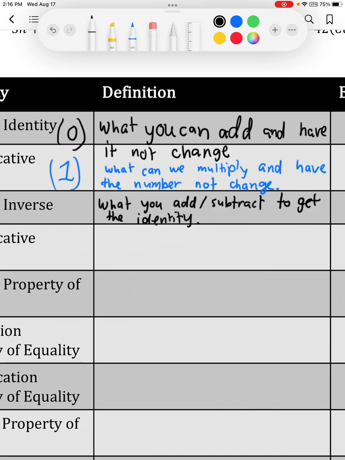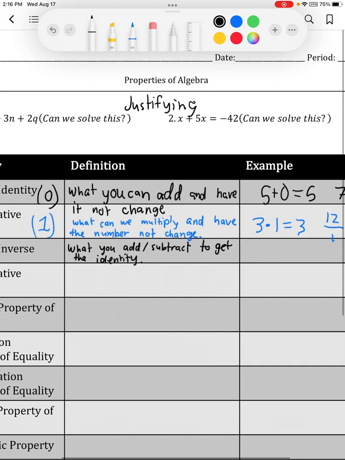What do you add or subtract to get the identity? So for example, if we had something like 4, what do you add or subtract to 4 to get the answer of our additive identity, which is 0? Well, you add negative 4. 4 plus negative 4 is equal to 0.